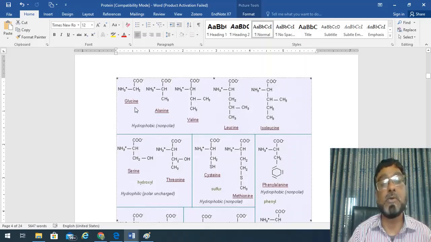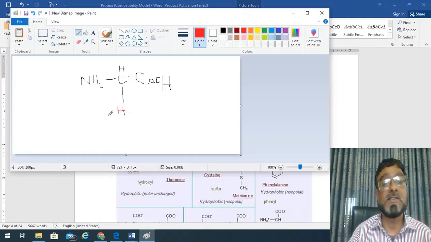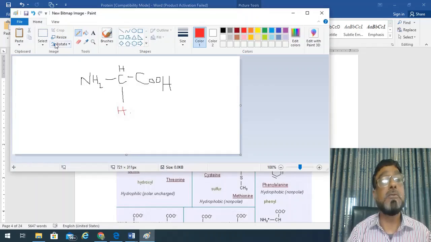It's non-polar. Due to the presence of this H, which does not contribute towards polarity, it's a non-polar amino acid. For alanine, what you are going to do is simply replace this H with CH3.